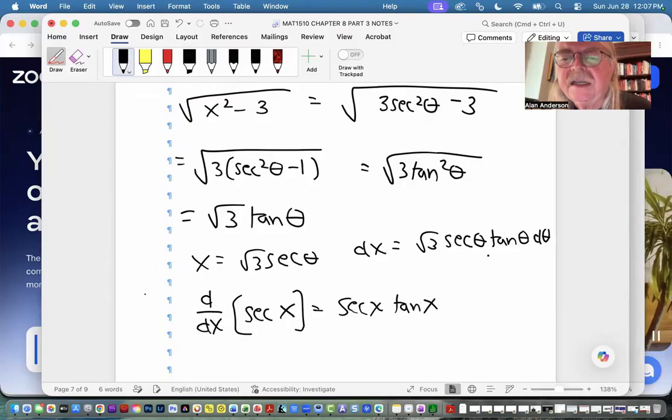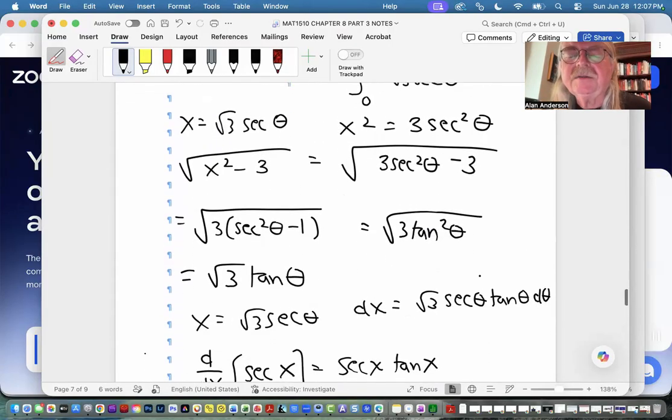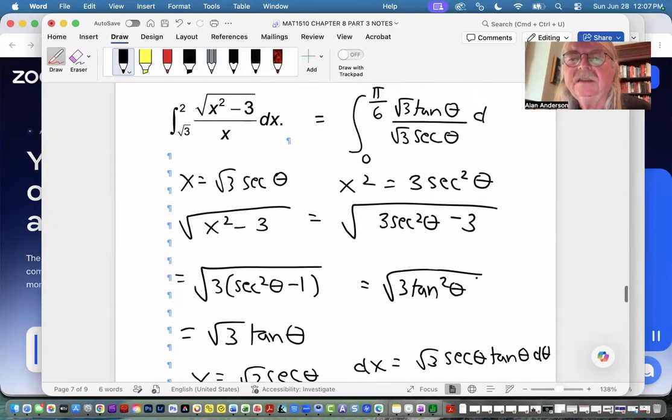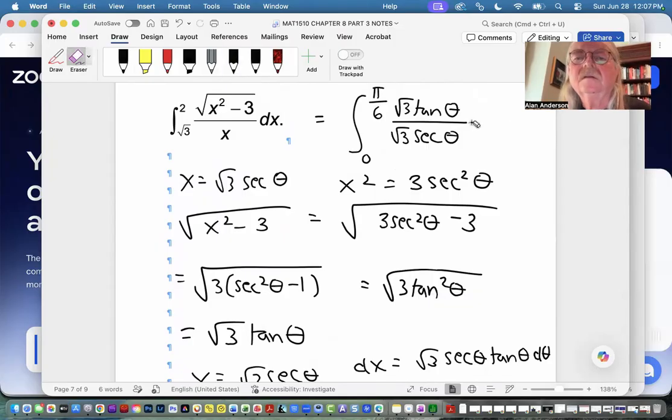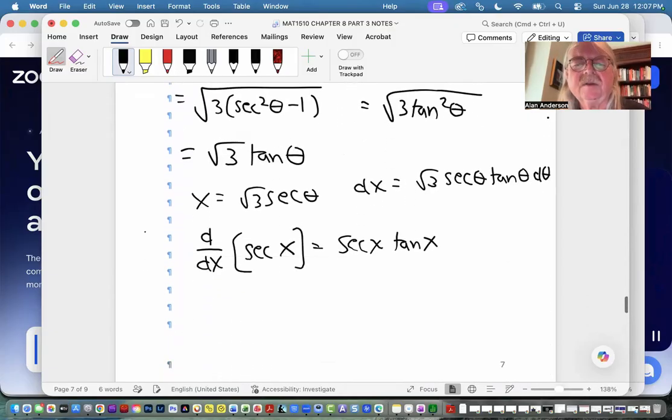So we have a dx now, which is actually d theta. Dx becomes radical 3 secant theta, tangent theta, d theta. Now, of course, there's no room here, so let me fix that up. I'll bring it down here.